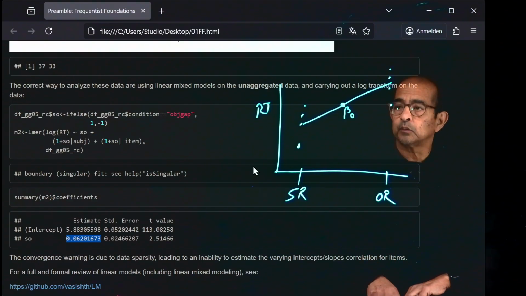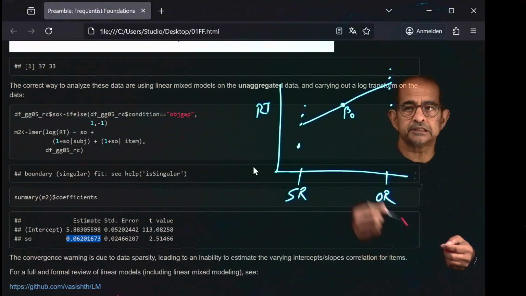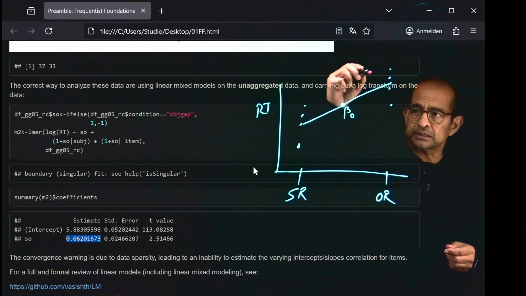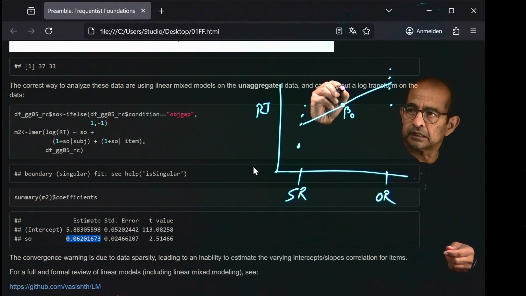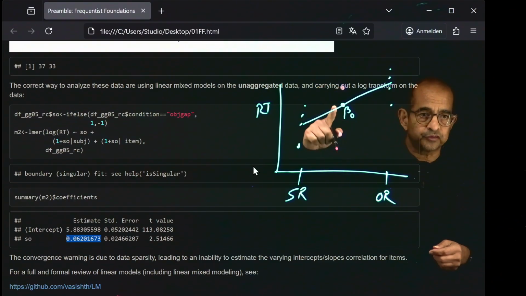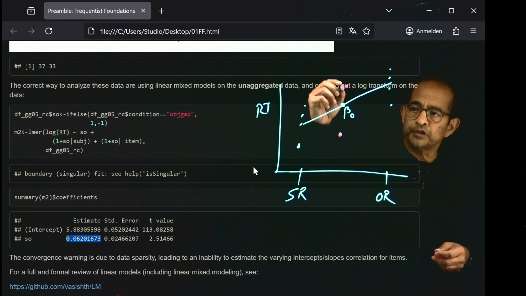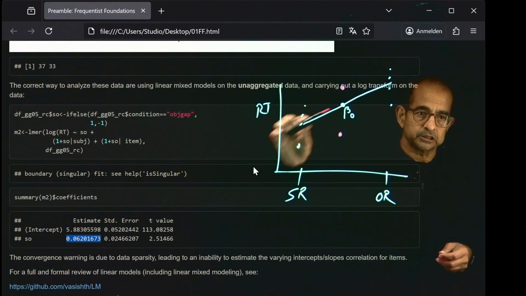So what we are doing now with the by-subject intercept and slope adjustments is that for every subject we have a different intercept, right? Just like before, we have adjustments to the intercept by subject, but we also have adjustments to the slope as well.